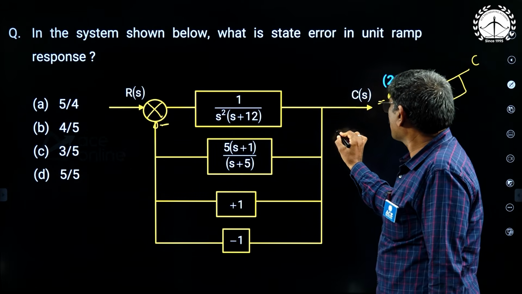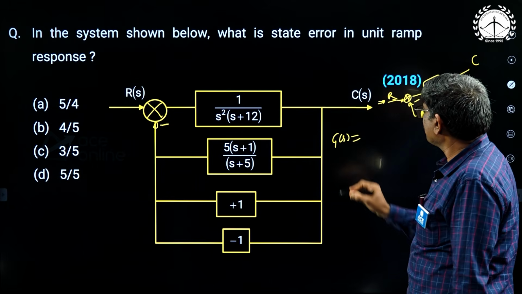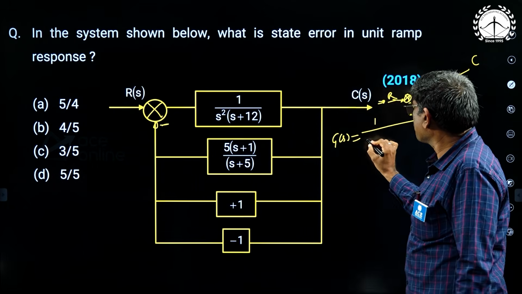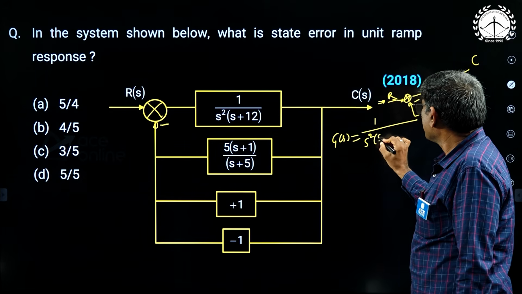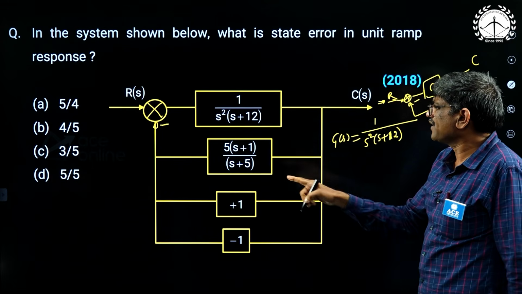So you write the equivalent of G(s). What is G(s) here? First you write this: simple logic, 1/(s²(s + 12)). It is G(s).